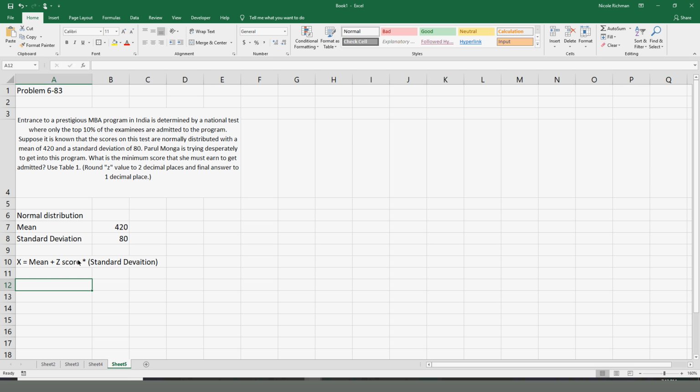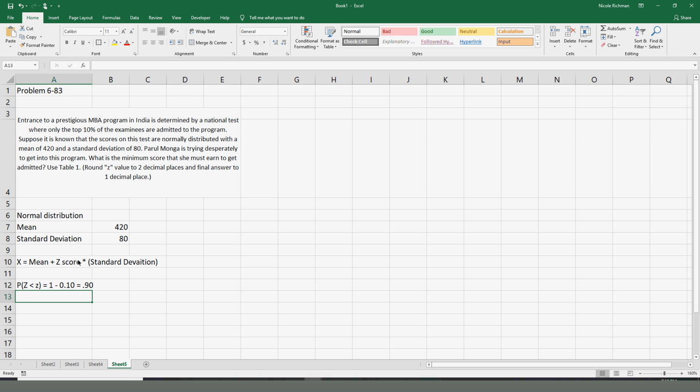So for the z score, we know that if she wants to be admitted, we want to find out big Z is less than little z equals 1 minus 0.10, which is going to be 0.90.